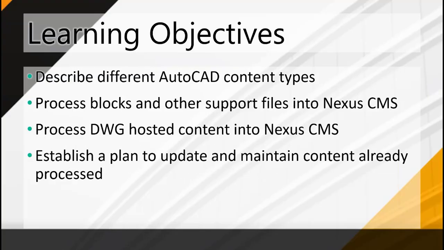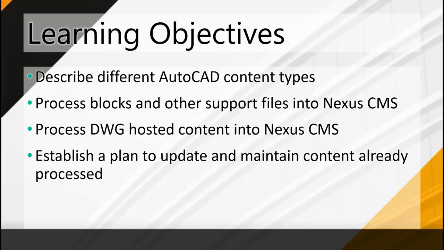Now we're going to go through and talk about first describing different AutoCAD content types. There's a lot of different AutoCAD content out there. Some things you might not even think of as AutoCAD content, but technically is used in the AutoCAD space often. And these are all things that we have to distribute. So we're going to talk about these different content types. We are going to be processing specifically blocks and other support type files into the Nexus CMS.